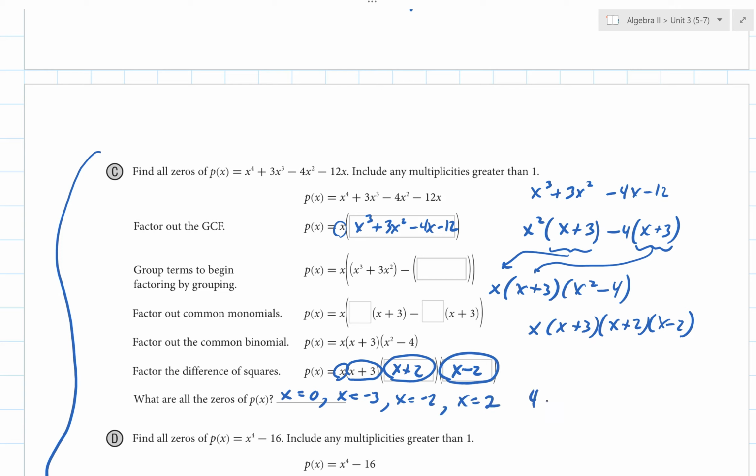So we have 4 real solutions, or 4 real zeros. The original problem was a 4th degree polynomial, so we found all 4 solutions, and all 4 of them happen to be real for this problem. Okay, questions?